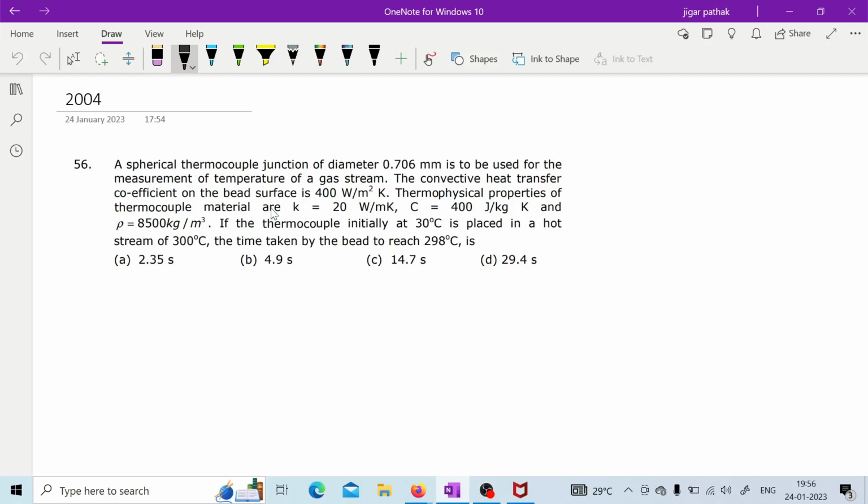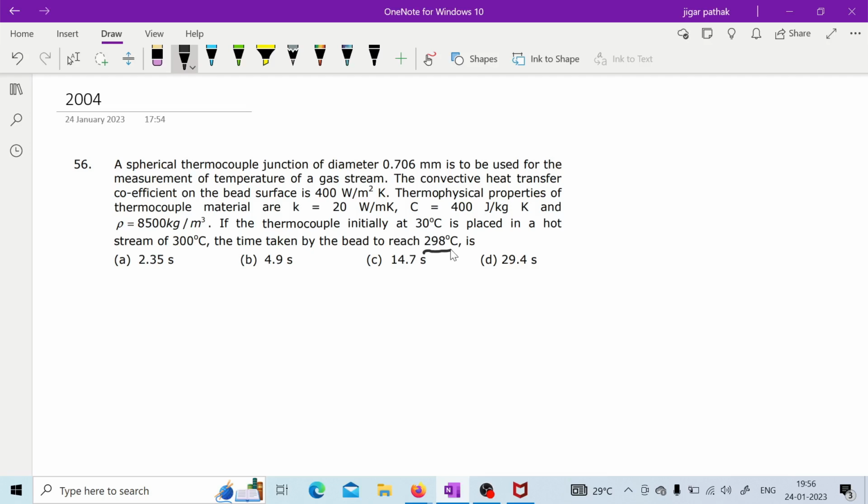Thermophysical properties of thermocouple material are K equal to 20 watt per meter Kelvin, Cp is 400 joule per kgK and rho is 8500 kg per meter cube. The thermocouple, initially at 30 degree centigrade, is placed in a hot stream of 300 degree centigrade. Then the time taken by the bead to reach 298 degree centigrade.